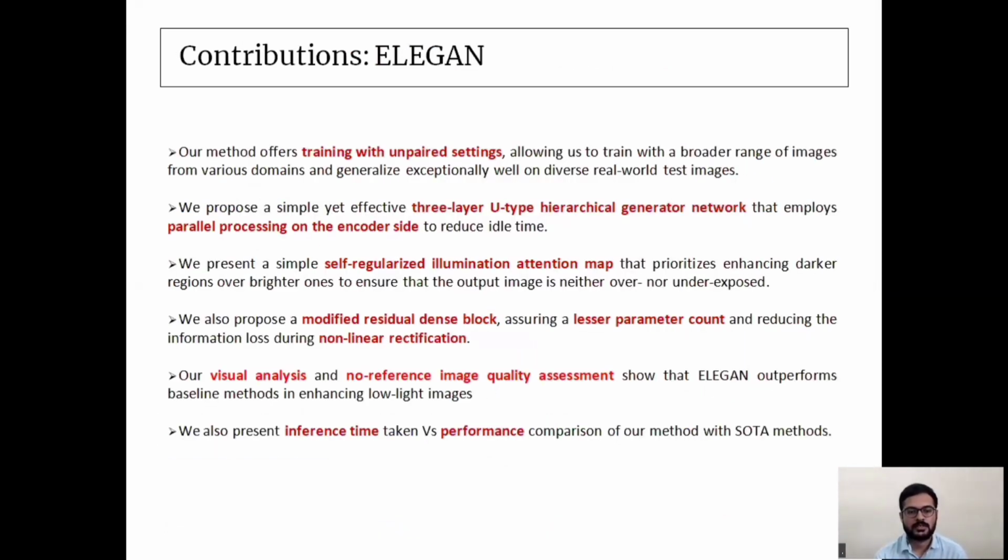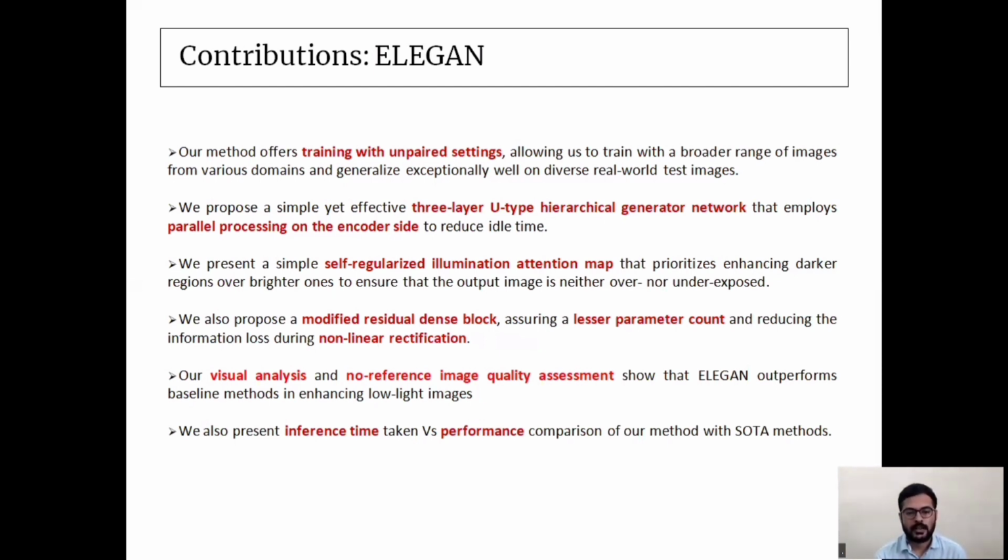Our contribution is sixfold. Our method offers training with unpaired settings, allowing us to train with diverse images and generalize exceptionally well on real-world test images. We propose a simple yet effective three-layer U-type hierarchical generator network that employs parallel processing on the encoder side.